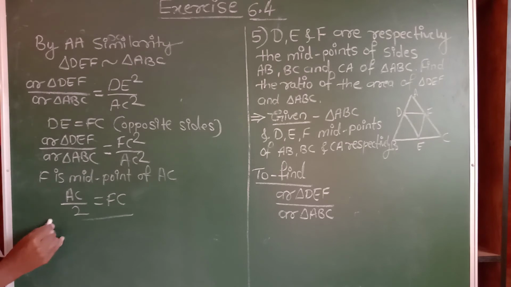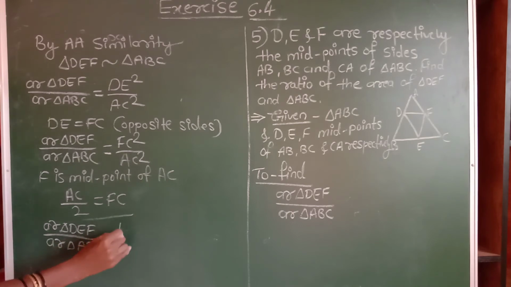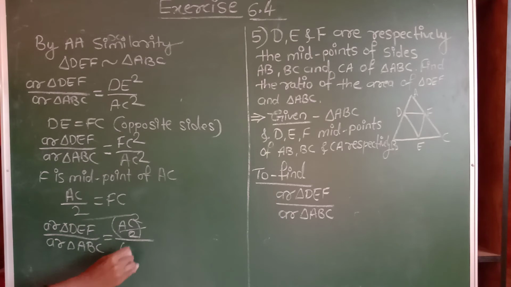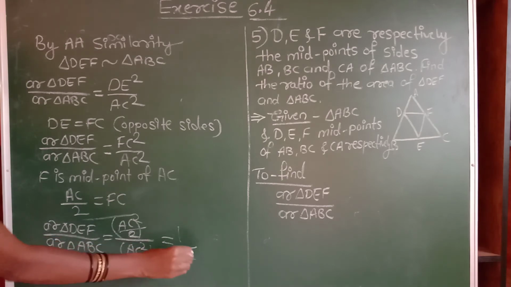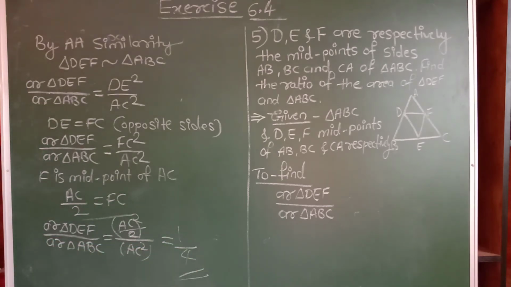So putting this, area of triangle DEF divided by area of triangle ABC is equal to (AC by 2) whole square divided by AC square. AC square gets cancelled. Answer is 1 divided by 4. Next, sixth example.